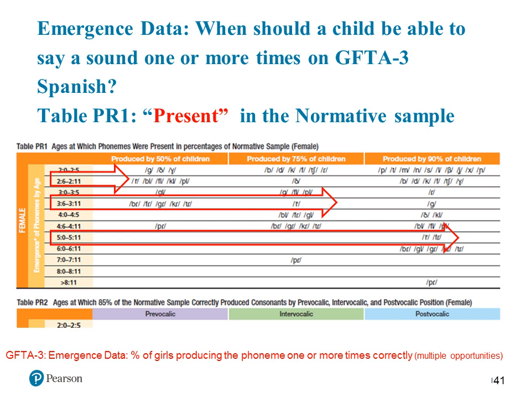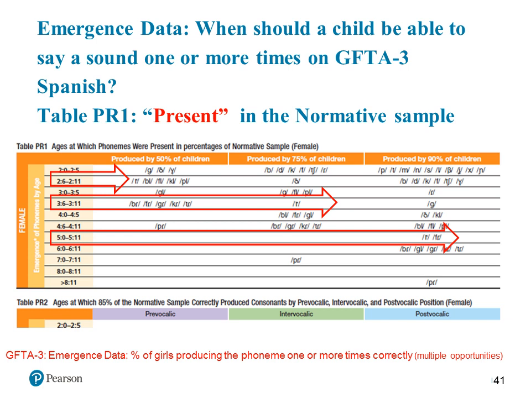At age 2.6 to 2.11, 50% of the female children in the normative sample were producing this sound at least once during the test. At age 3.6 to 3.11, 75% of the female sample was producing a trill R, and by 5.6 to 5.11, 90% were producing the trill R at least one time during the test administration.